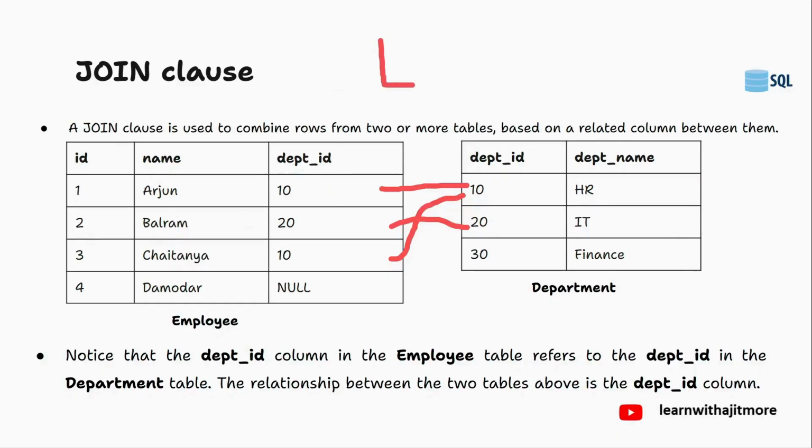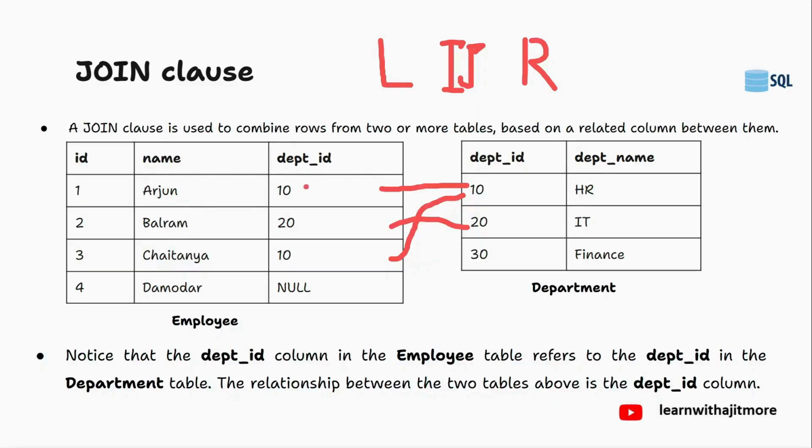But if it is an inner join between this left table and the right table, it will only give those records from both tables which have their common column value the same.